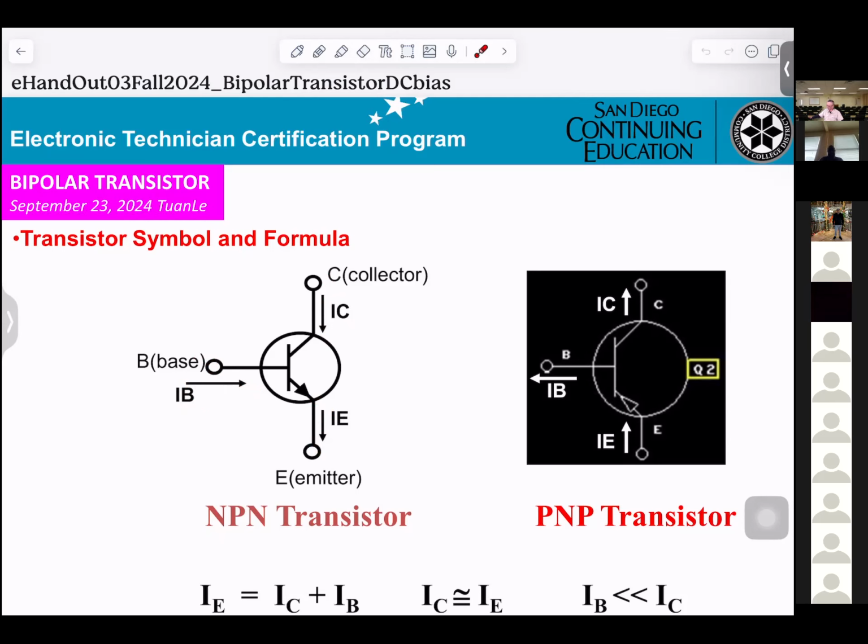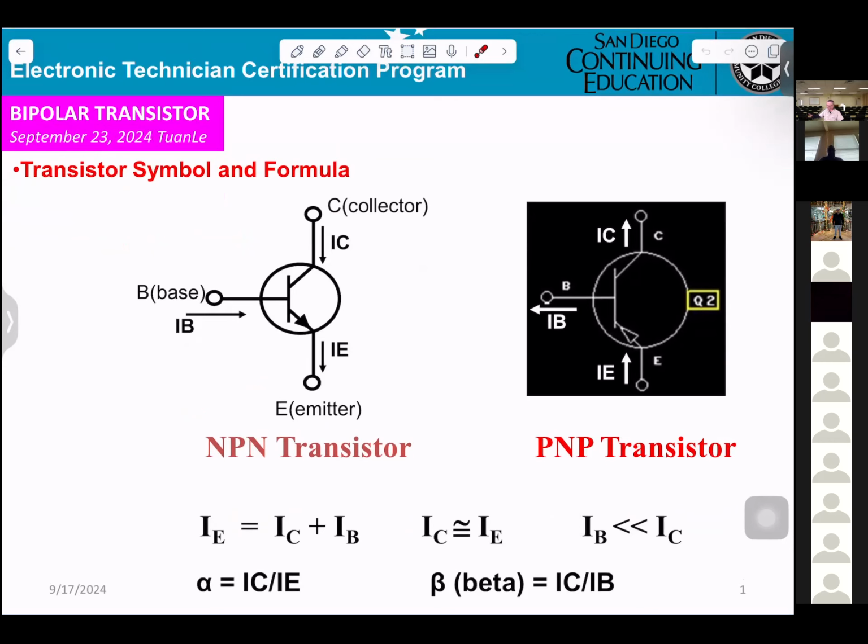And if you see the formula here, basically IE equals IB plus IC. And also alpha can be defined as IC divided by IE, and beta equals IC divided by IB.